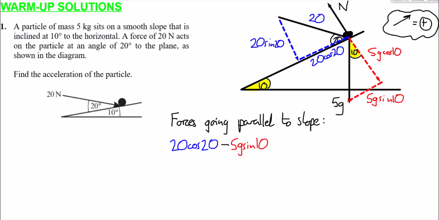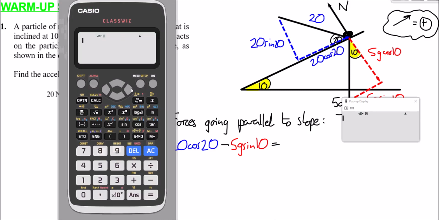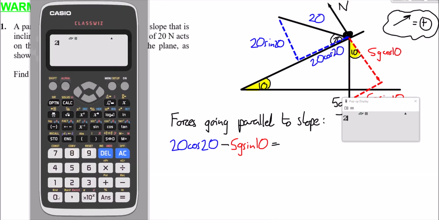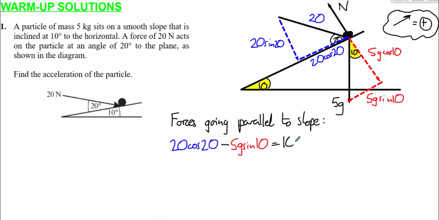So 20 cos 20 minus 5g sin 10, that's 5 times 9.8, which is g, times sin 10. That gives us about 10.285. So that's the resultant force going up and parallel to the slope.